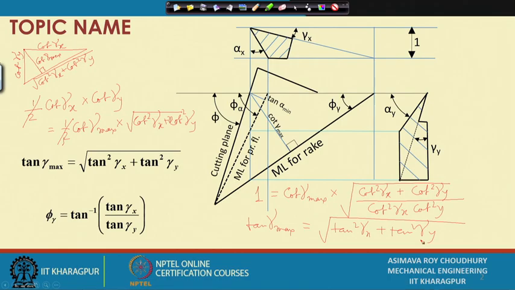Now, how is this useful to us? This is useful to us in the sense that if the rake surface orientation has to be expressed, we are generally doing it as a pair of angles. That pair might be inclination angle and orthogonal rake, inclination angle and normal rake, back rake and side rake.